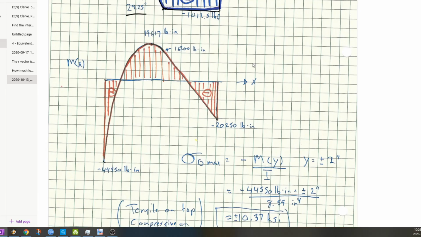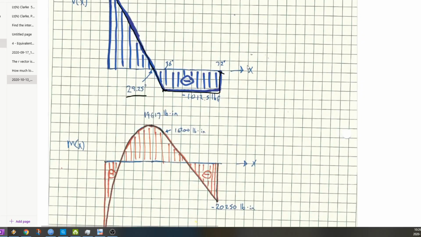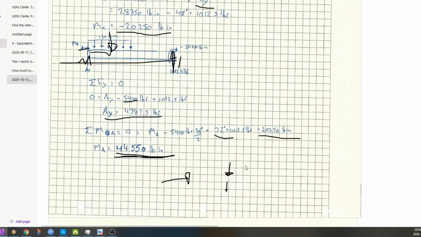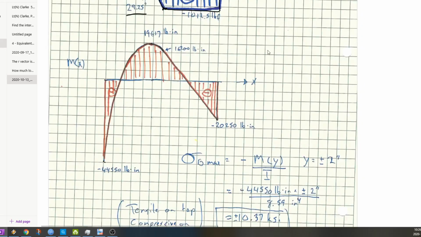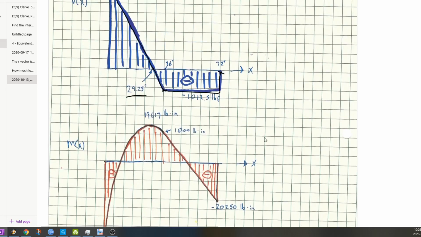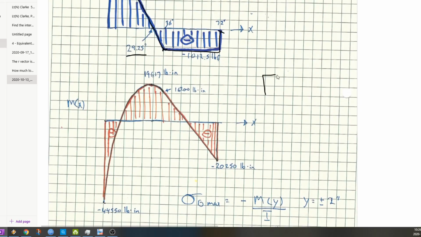which drops us down to an internal moment of negative 44,550 pound-inches. And we can see that this is the case, that's negative, because if we take a section just zoomed in right there, we got this bar here, a little section of the bar, and we apply a positive moment on this side of that amount, and again it's going to have a reaction on this end.